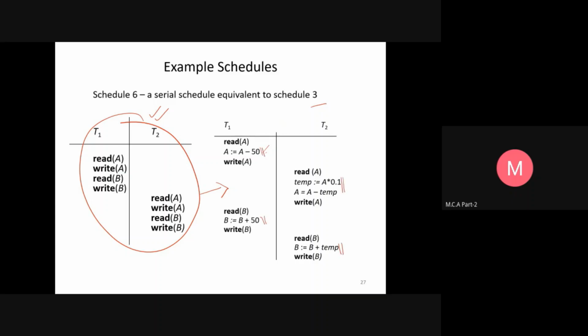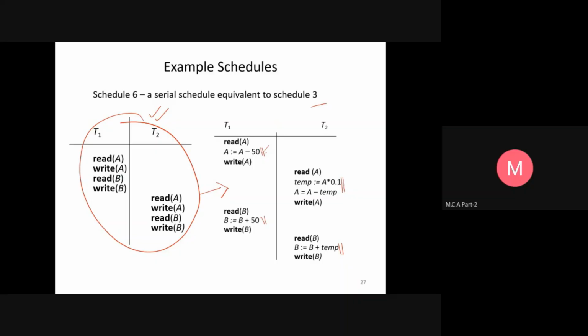And we converted this schedule into a schedule 6, which is called a serially equivalent schedule. So we have a conflict serializable schedule from schedule 3, and we made it into an equivalent serial schedule, which we called schedule 6.